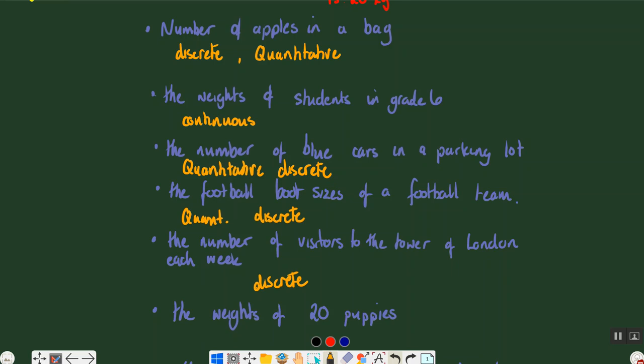Do you remember what the point was of displaying data? We're trying to be what? Valid. We've got to validate our conclusions and what we're talking about.